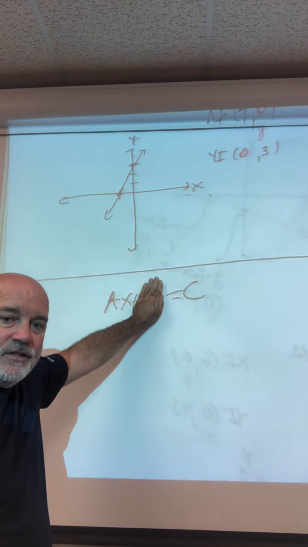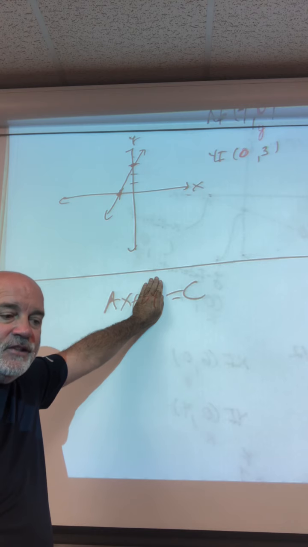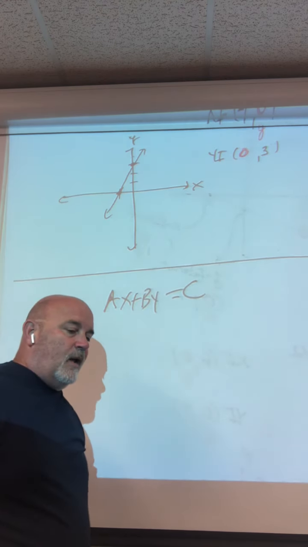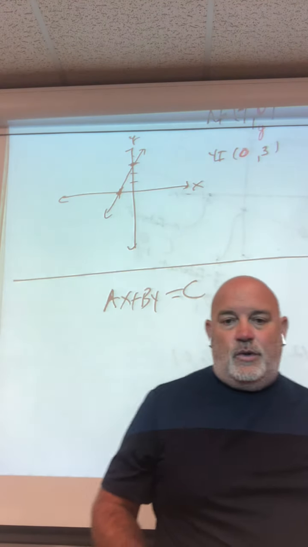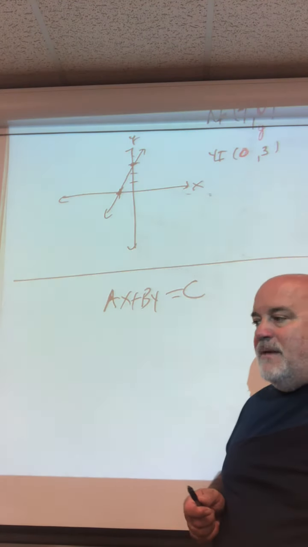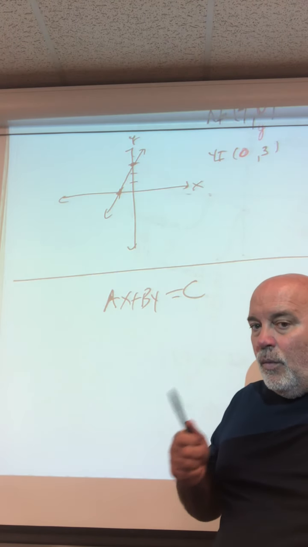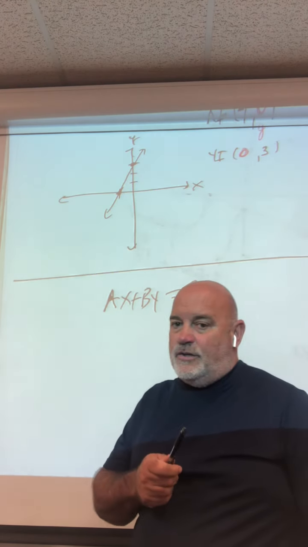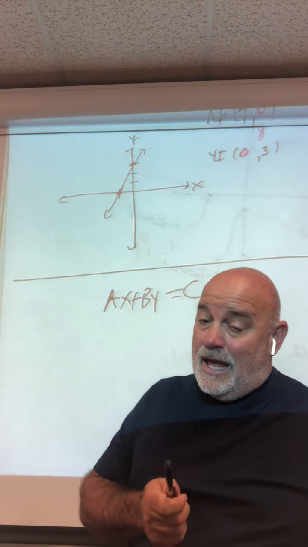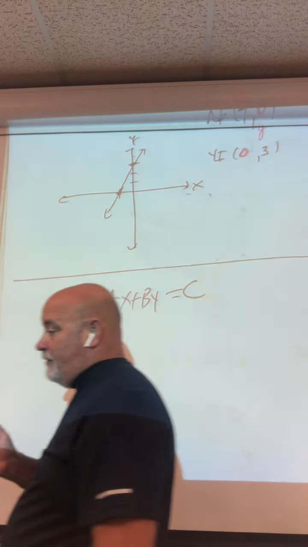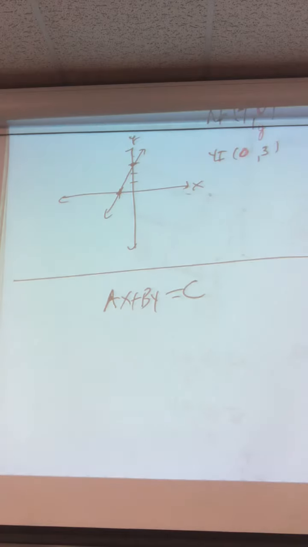So what I want to do is show you that if one of the letters is missing, it's still a linear equation. What do the first four letters in the word linear spell? Line.